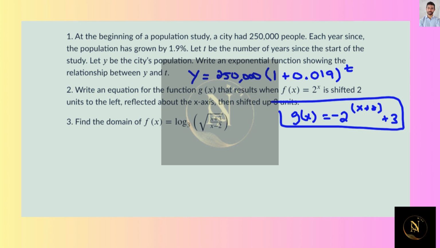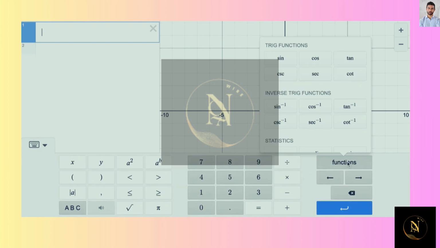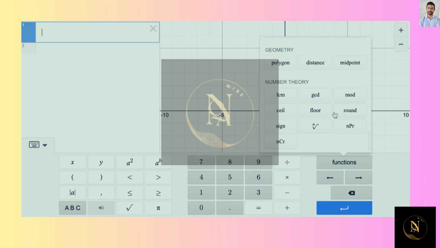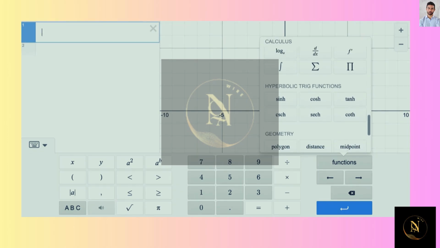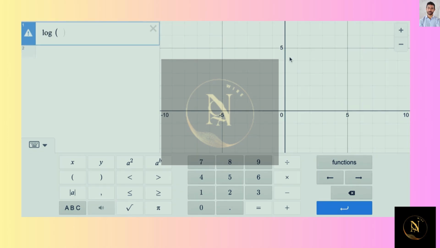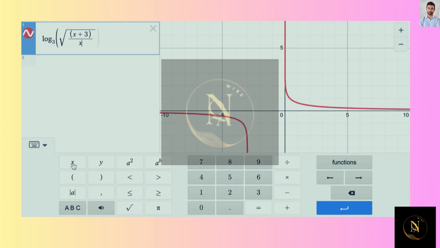We want to find the domain of log base 3 of the square root of x plus 3 over x minus 2. Let's take a look at a graph of it, and then I'll explain why it is what it is. So log base 3 of the square root of x plus 3 over x minus 2.